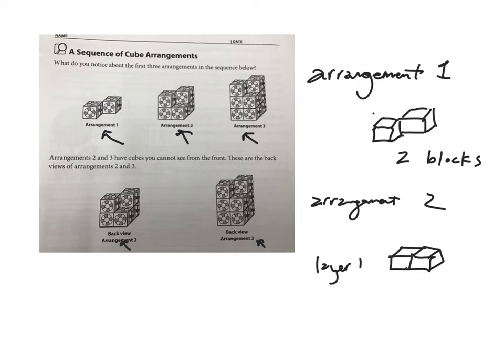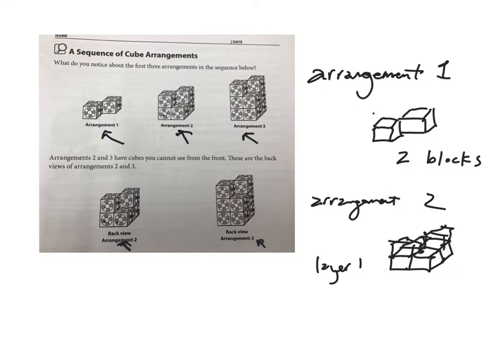Now again, how we prove that is by looking at that back image, right? We see that back image and you can see, oh yeah, it's 1, 2, 3, 4 blocks all together. And then up top, we have another cube here and another cube there.